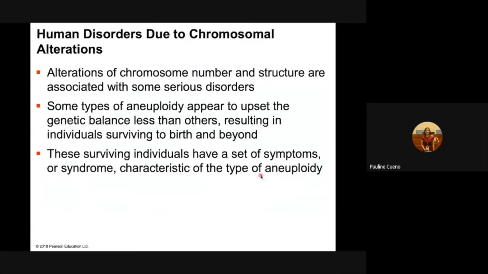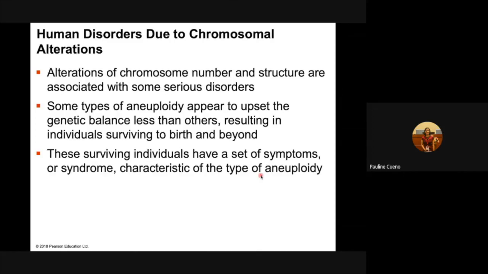And then for human disorders due to chromosomal alterations, there are some disorders na mild. There are also some serious disorders. Some of these disorders, they might be allowing the individual to have a longer lifespan, and there are also some genetic disorders na namamatay na dun sa birth pa lang.